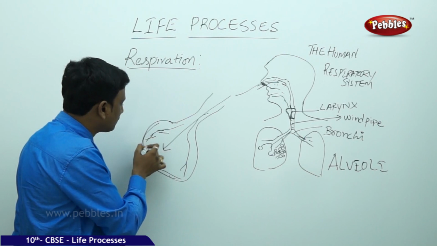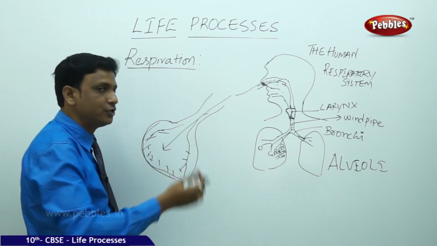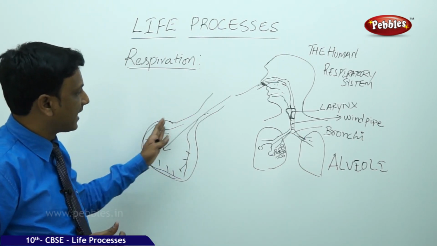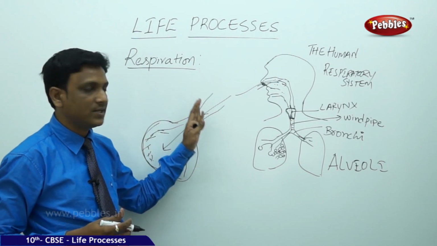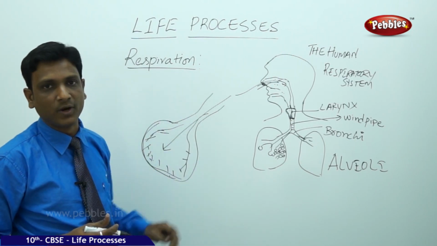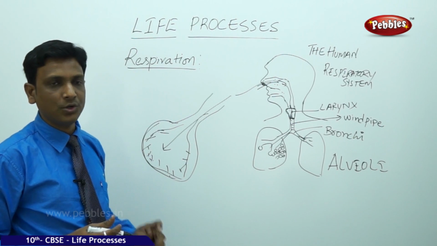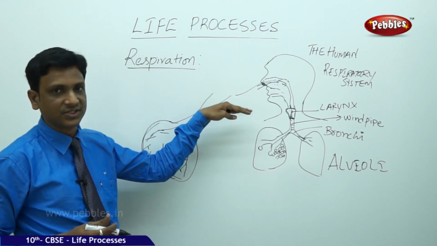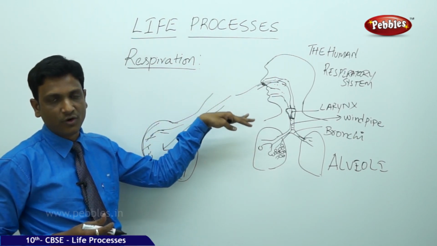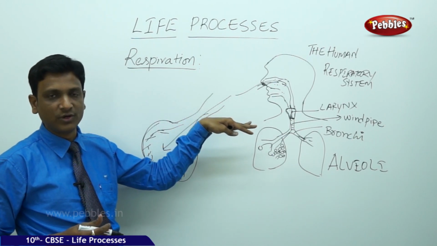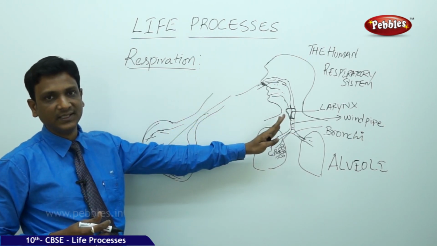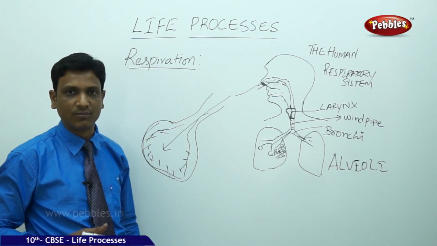As the surface is more, there is a chance for more diffusion of gas. So more oxygen is diffused into the blood. So this oxygen is carried to different body parts. So humans have this kind of well developed structures for the collection of oxygen as well as for the release of carbon dioxide into the atmosphere.